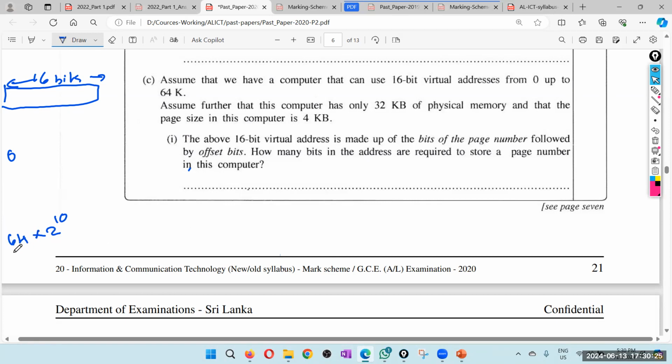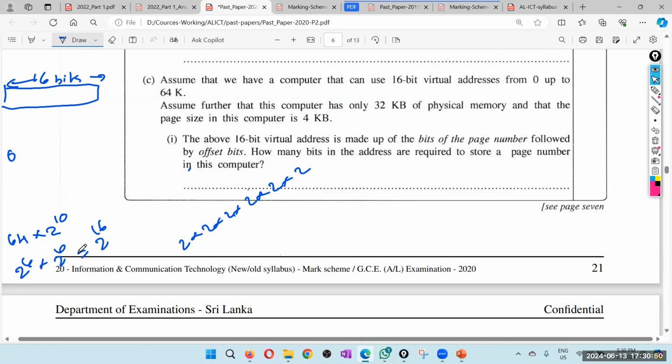So, in other words, 64 is 2 to the power what? 2 into 2 is 4, 4 into 2 is 8, 16, 32, 64. That is 2 to the power 1, 2, 3, 4, 5, 6. And K is 2 to the power 10. So in that case, it is 2 to the power 16.